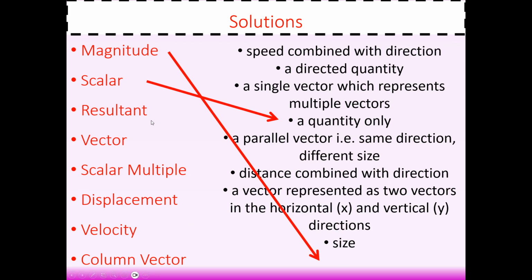If you hear the word resultant vector, that means when we're adding two or more vectors, which can be representing forces, the final result when you add them is a representation of multiple vectors in one vector. So it means the result, basically. The result of adding more than one vector, or multiplying by a scalar and then adding them together.